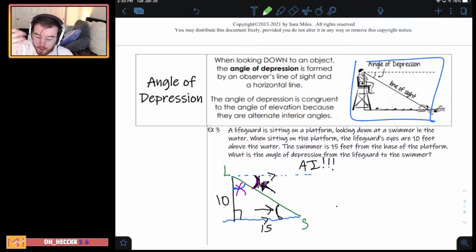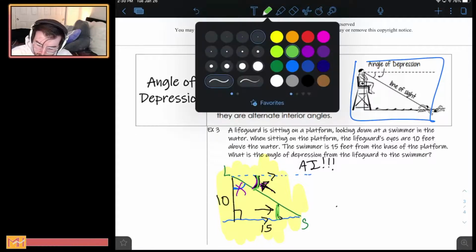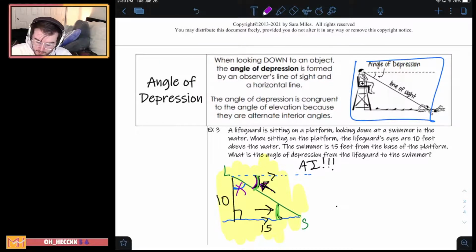So tell me, why don't you just figure that out? What is the measure of this angle, which means the measure of that? Go to your calculator and solve. Couple of options on the screen. Hopefully you did it, right? This is opposite.